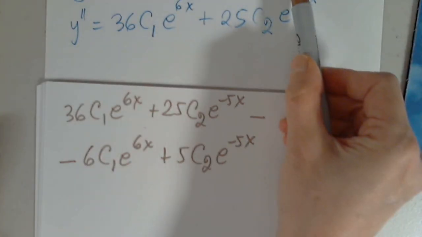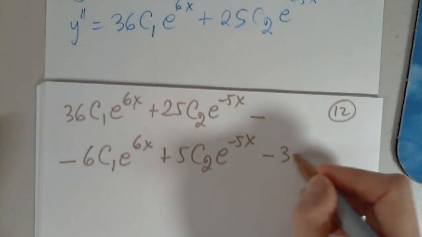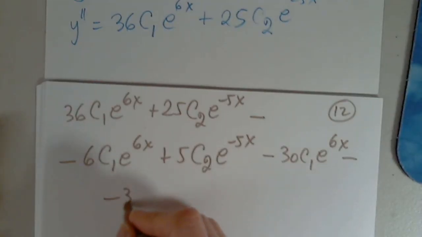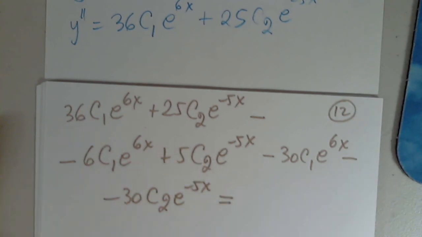And now I'm distributing negative 30 to the function. So minus 30 c1 e to 6x and minus 30 c2 e to negative 5x. And we hope that this is 0. We'll see.